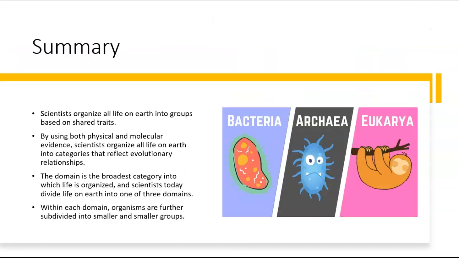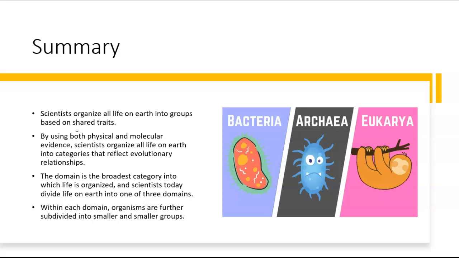So we're on to our summary. Organisms are grouped into categories based on their shared traits, both physical and molecular. We have DNA technology now.